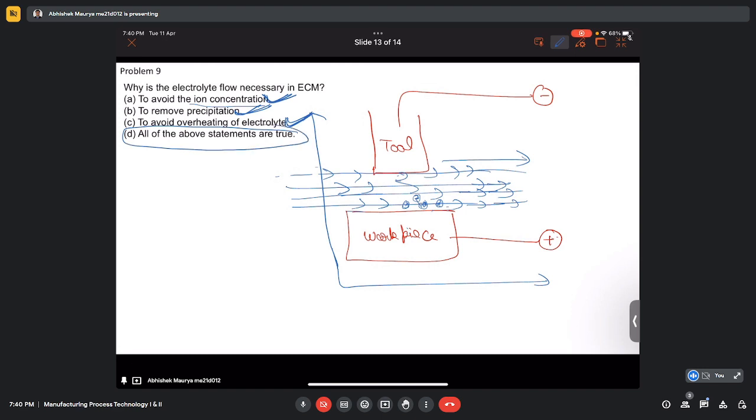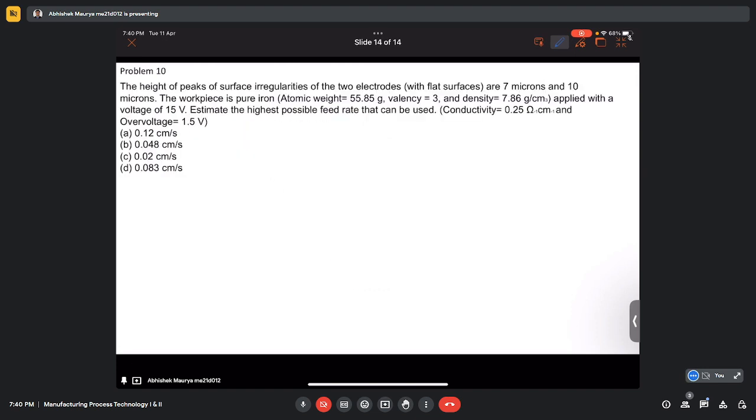I think there should not be any confusion in this problem. So let's move to the last problem of the day. Please read the problem. First of all, please try it by yourself.